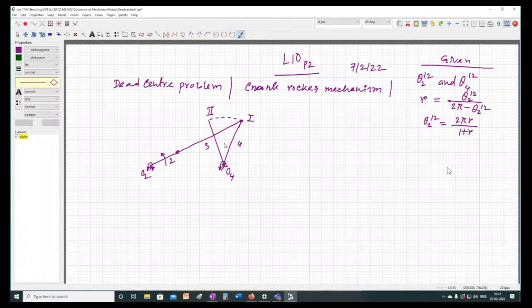If the follower is rotated like this, and then just see, this is the point, this is the length of the coupler.